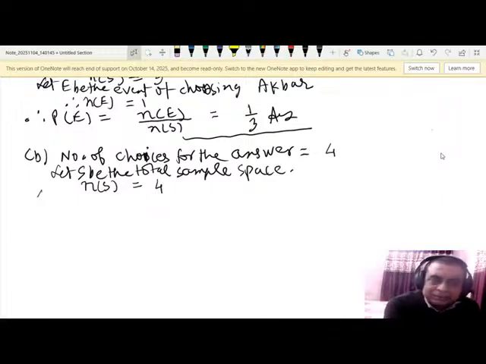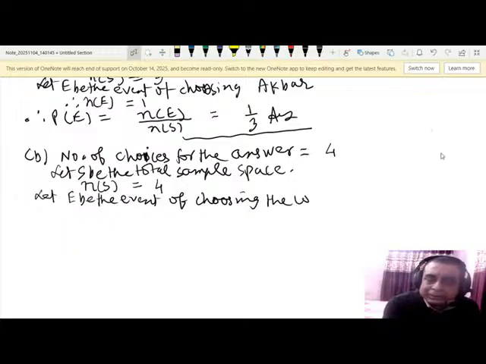Let us first take the event of making a correct answer. Let E be the event of choosing the correct answer, and we denote that event by E.